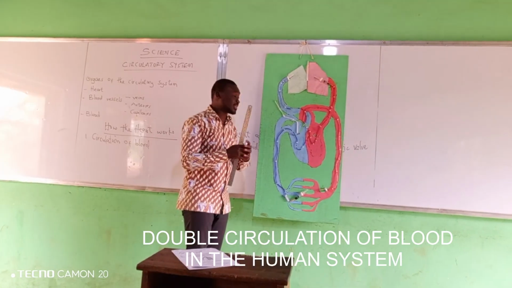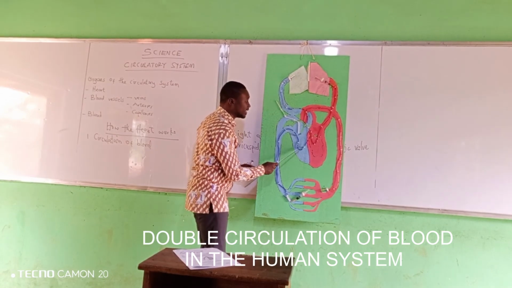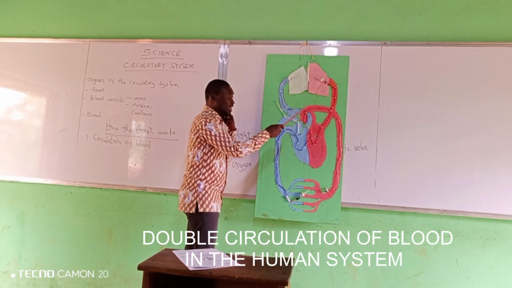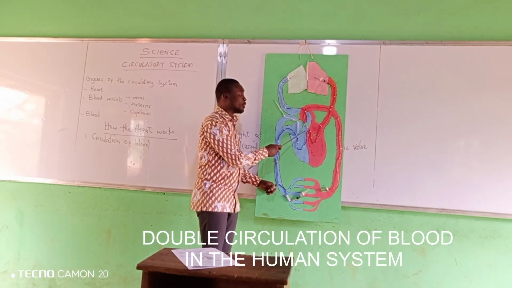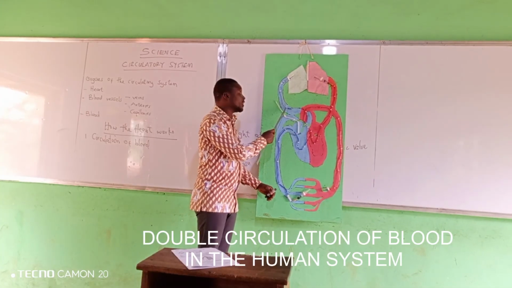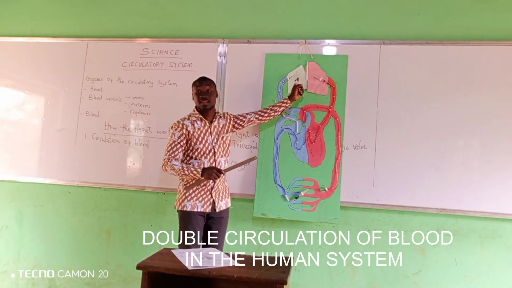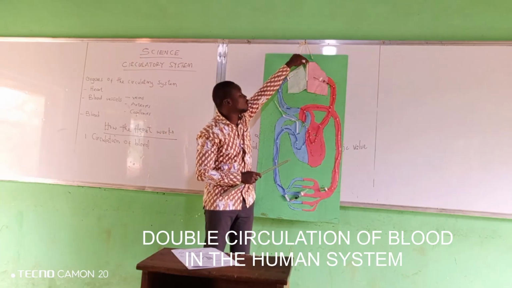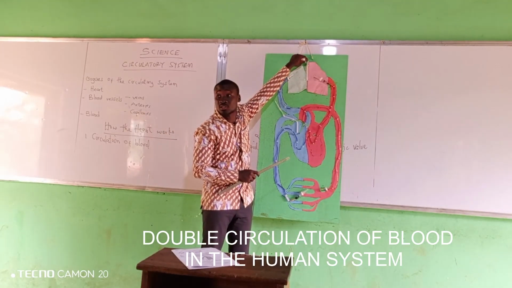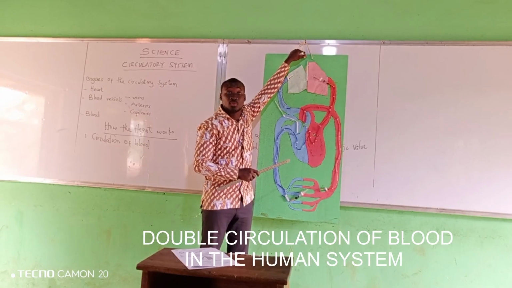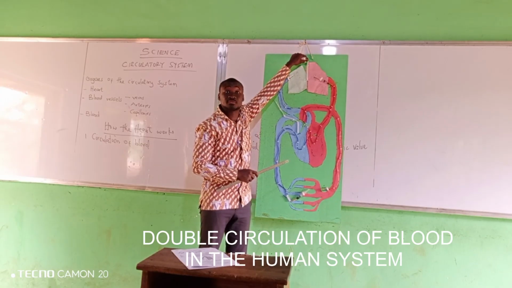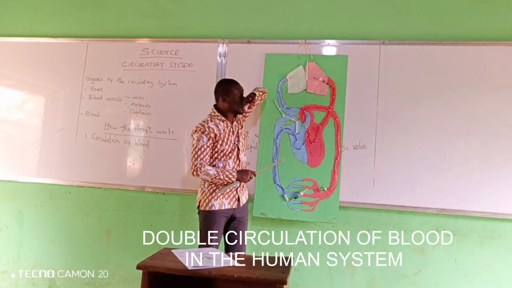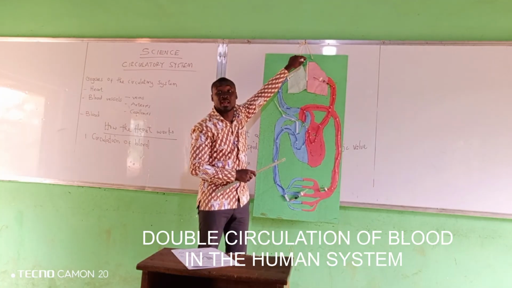It then contracts to pump the blood to the lungs, and it passes through the pulmonary artery. Then it goes to the lungs. Have you seen it? When it enters the lungs, this is the trachea, or the windpipe.